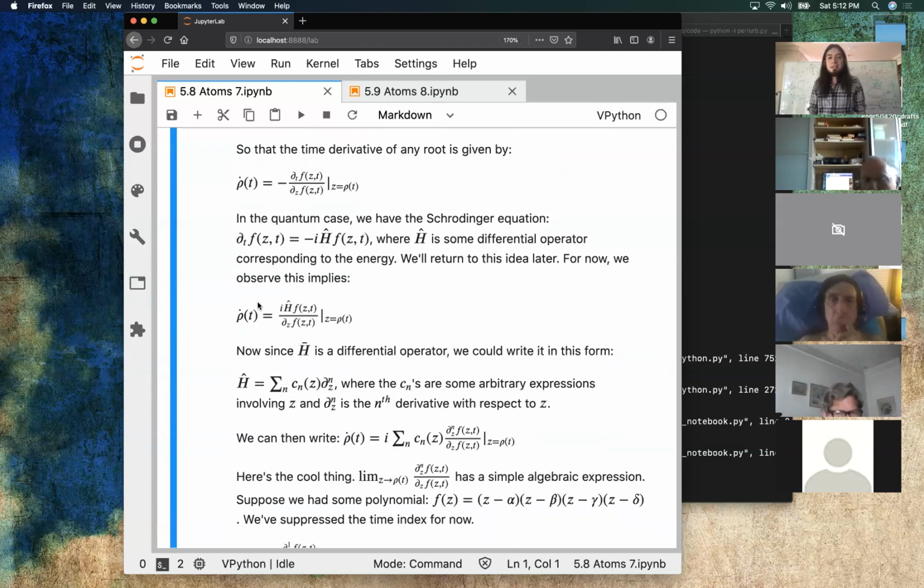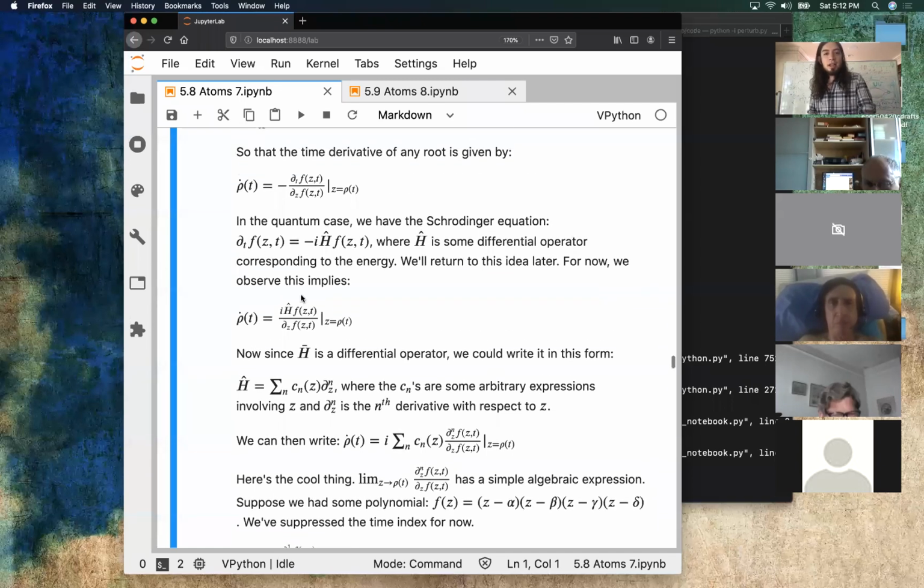In the quantum case, we'll be considering the Schrödinger equation, where the partial derivative with respect to time of f of z,t equals minus i times H, where H is a differential operator that's Hermitian, corresponding to the energy, multiplied by our f of z,t. But look at that. What is that saying?